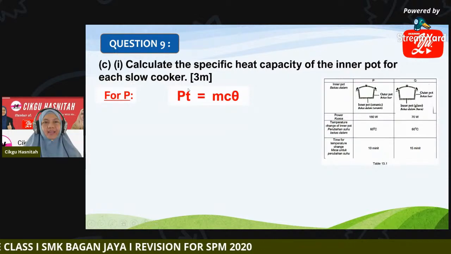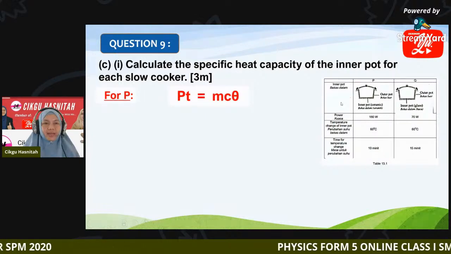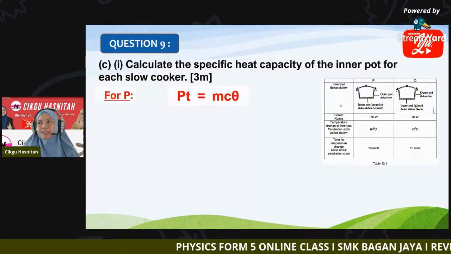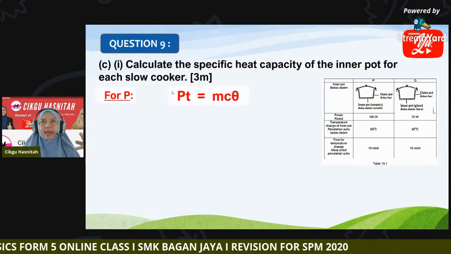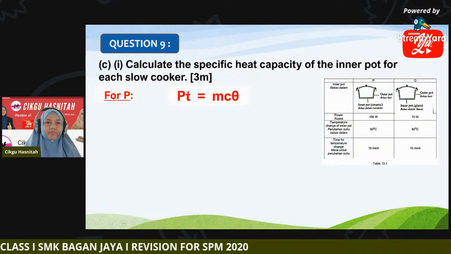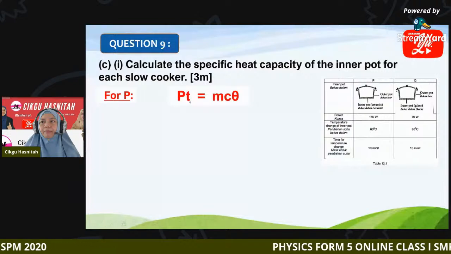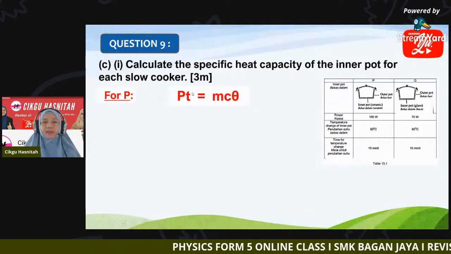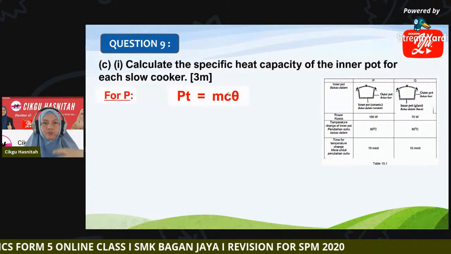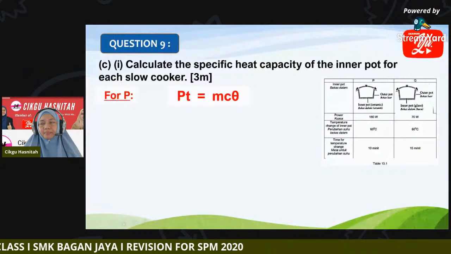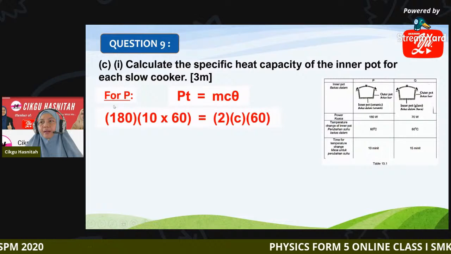The pot is an electrical device, so electrical energy is given by P t, power multiplied by time. The heat supplied by the pot equals the heat absorbed by it, so we use P t equal to m c theta. So for P, this is the power.